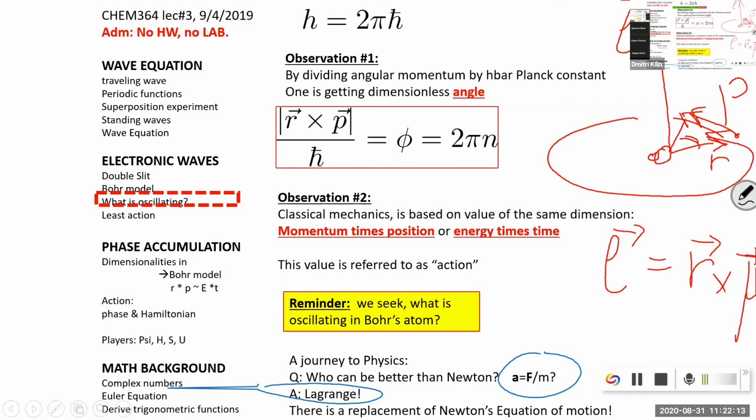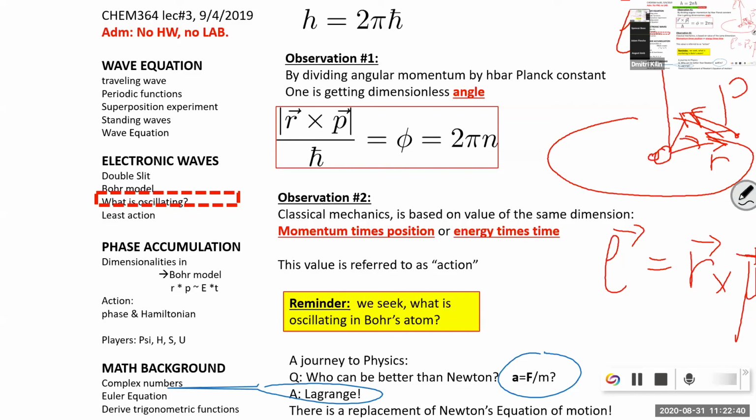And the units of this angular momentum we will consider in the next couple of slides, but there is a fundamental constant discovered before this Bohr model, the Planck constant, which has the same dimensions as angular momentum.